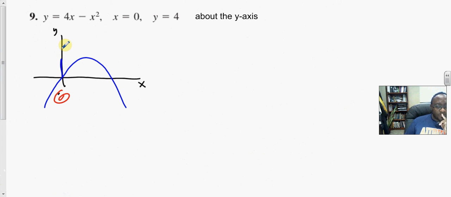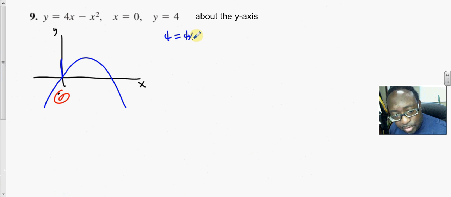Let's set these two equations equal to make sure we find out exactly where the line y equals 4 is in reference to this. So if we set y equal to 4, we have 4 equal to 4x minus x squared.